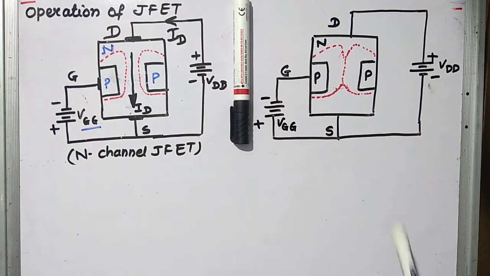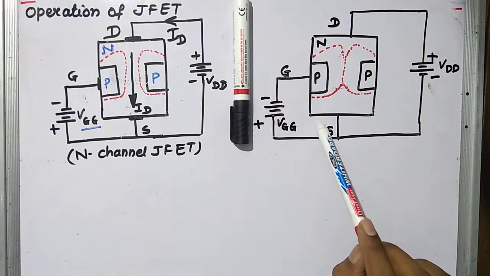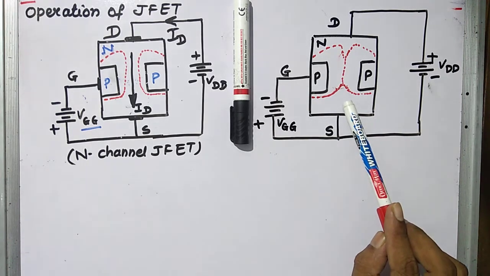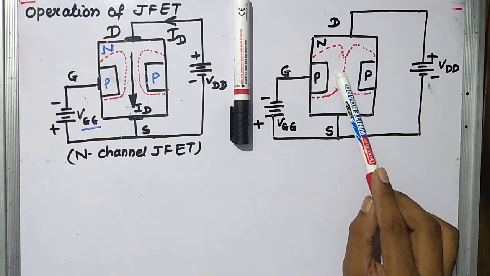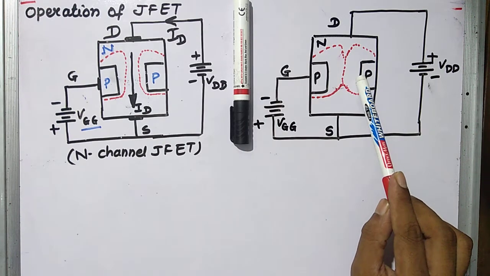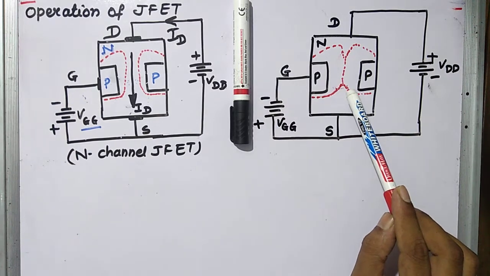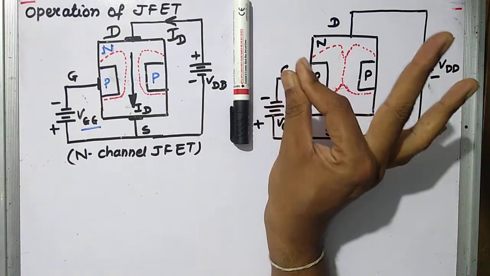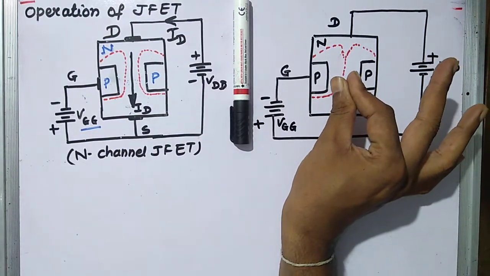As can be observed here in this diagram, when gate to source voltage is increased further, a stage is reached when the two depletion regions will touch each other and the channel is completely blocked. The channel is completely blocked, or we can say pinched off like this. So this is the pinch. The channel is pinched off.